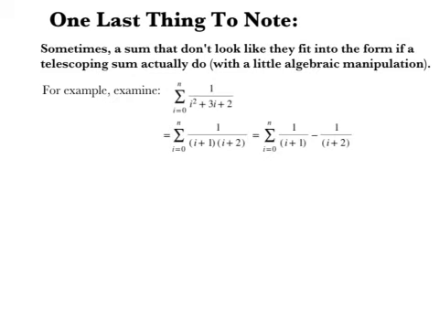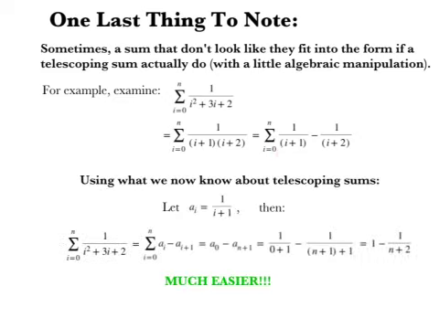This is equal to, we can use partial fractions. Most of us know it from calculus, right? But again, it's just a little bit more algebraic manipulation, and voila, we have a subtraction of two terms that can easily be written in a form that we know how to use. So, making it simple, we'll say that a sub i is 1 over i plus 1. And so obviously this second term here is going to be 1 over i plus 1 plus 1, or a sub i plus 1, which we have right here.